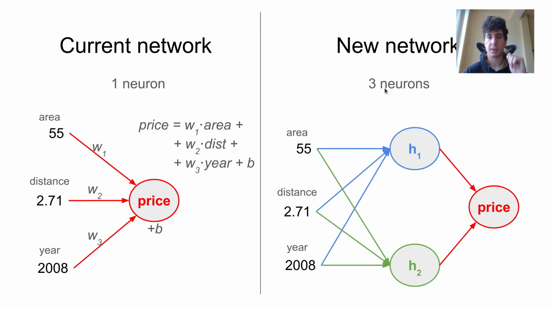Let's see what happens if we have 3 neurons. So we have one neuron H1, one neuron H2, and then the price. Remember that each neuron had the formula: for each input, it has a weight, and at the end we add the bias.